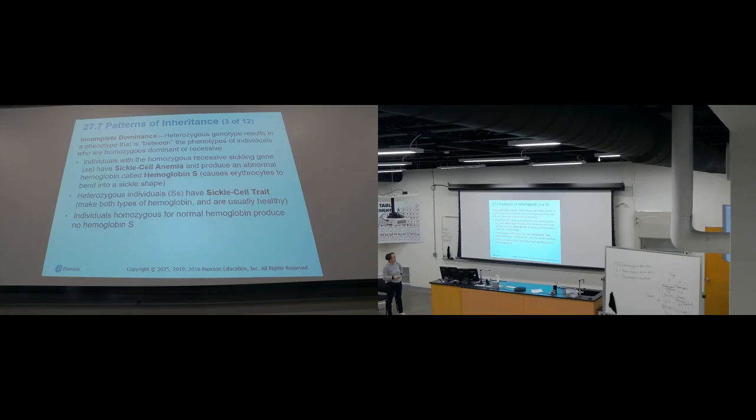But then you can have this heterozygous dominant in which you have the sickle cell trait and makes both hemoglobin S and the healthy hemoglobin. And individuals homozygous for normal hemoglobin, they don't produce, of course, this S hemoglobin, but these persons with sickle cell trait are healthy. They don't have this problem.